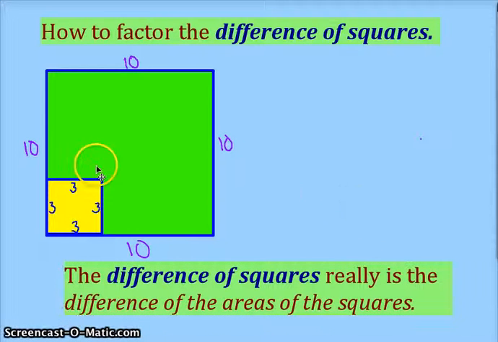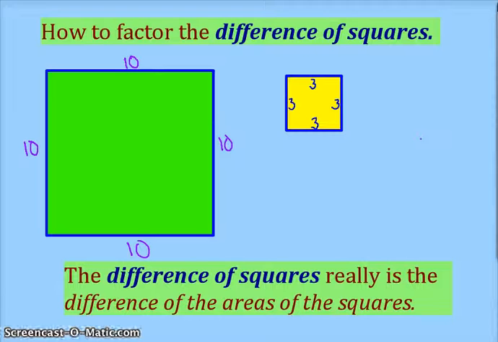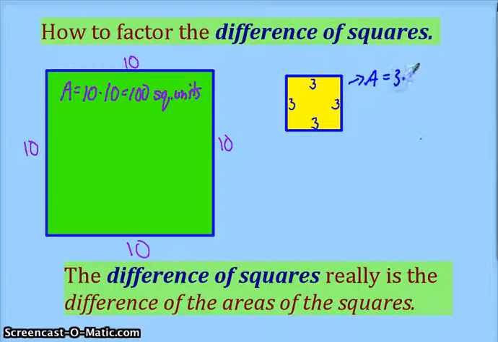If I think about that, the area of the green square is base times height, and that will give me 100 square units. The area of my little square is 3 times 3, or 9 square units.